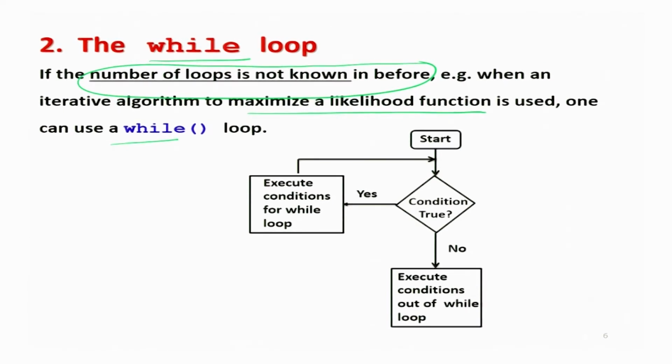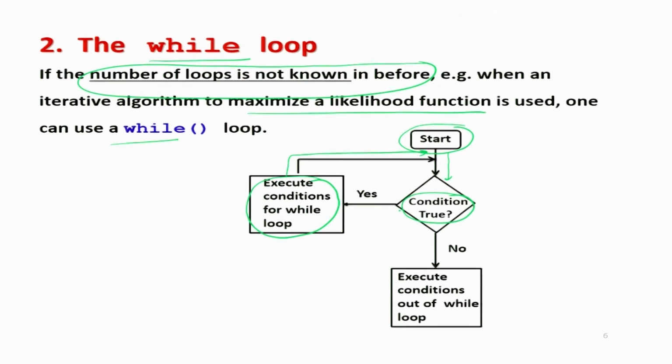The flow chart of the while loop is as follows. We start, and then there is a condition, which is checked in terms of true and false. If this condition is true, then the statements or commands that we want to execute are executed, and then, because the condition is true, it goes back to the initial place and once again checks whether the condition is true or not.